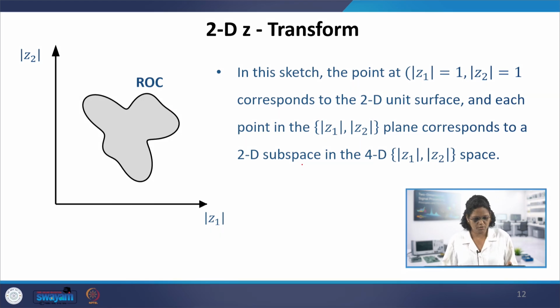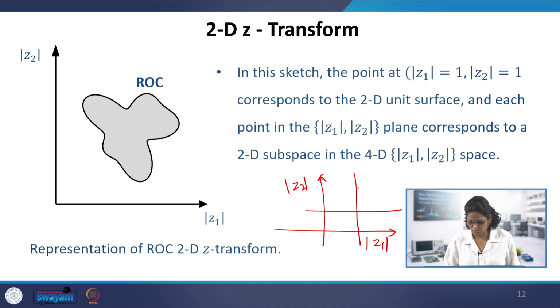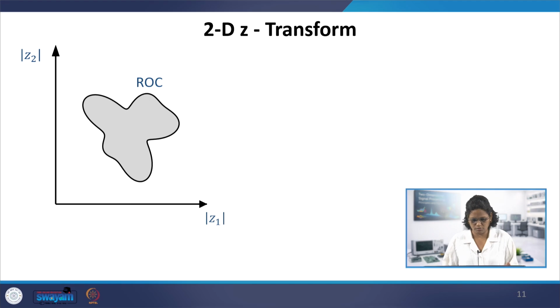For the examples of that, we had the previous case, Z1 and Z2, we had 1 and 2. So this would be Z1 greater than 1 and Z2 greater than 1. This would be the ROC for the previous case, like the unit sequence which we had taken.